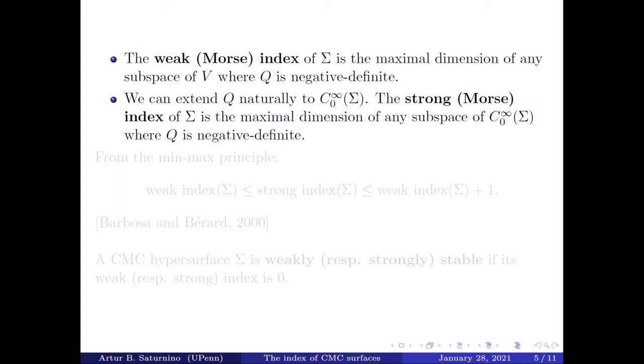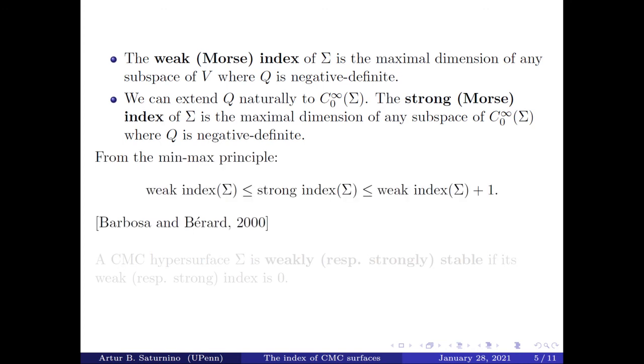This new index is called the strong Morse index of sigma. If you go back to the example of the sphere, it actually has strong Morse index 1, because we can contract the whole sphere, which is going to decrease area, but also going to decrease volume.